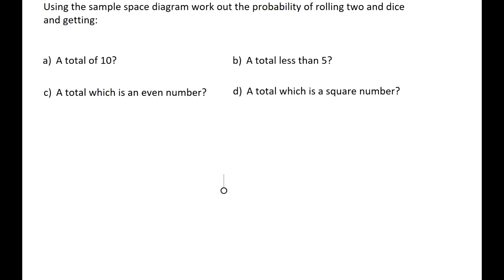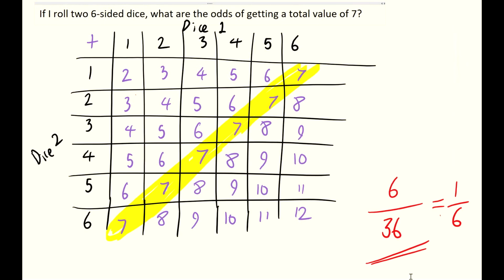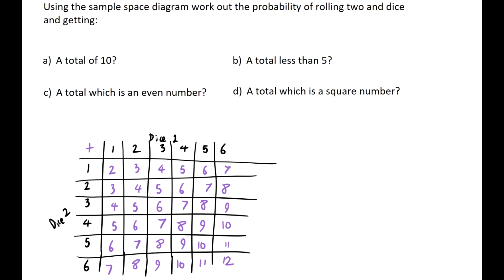Okay, now we've got a sample space diagram, we can use it to solve similar questions. What I'm going to do for these questions here, I'm just going to copy my sample space diagram from before. There we go. I'm going to use this to answer these 4 questions. So I need to work out the probability of rolling 2 dice, adding them together, and getting a total of 10.